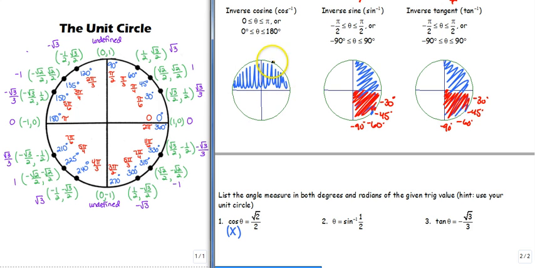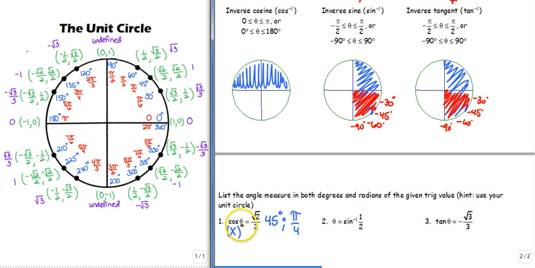However, when I'm doing inverse trig for cosine, it's only the angle that's found in quadrant 1 or quadrant 2. This is 1 and 4. Therefore, it has to be your 45 degree angle, which is going to be pi over 4 in radians. Make sure you are labeling degrees and radians in your answers.